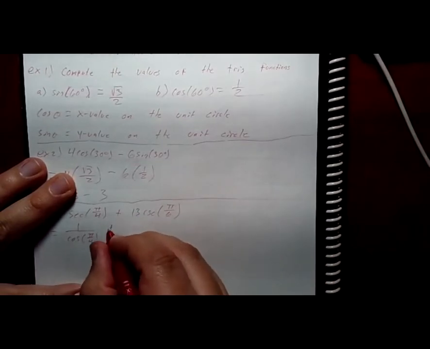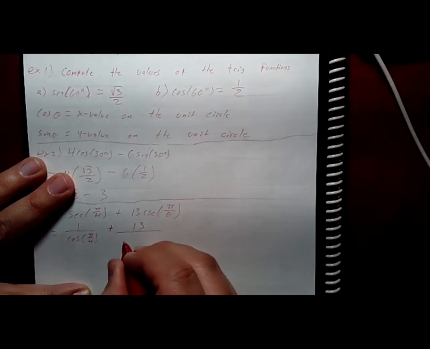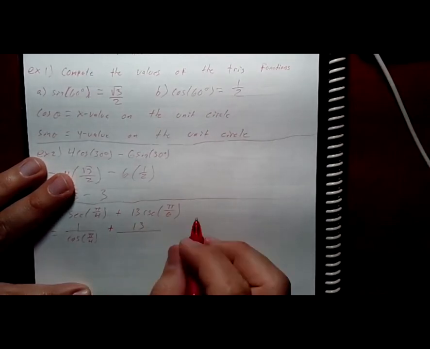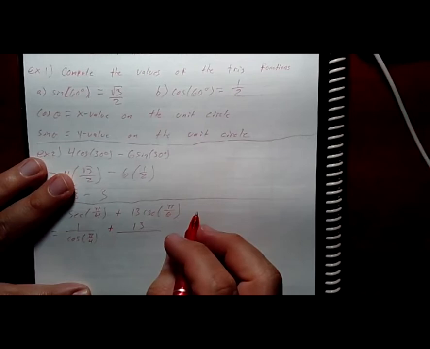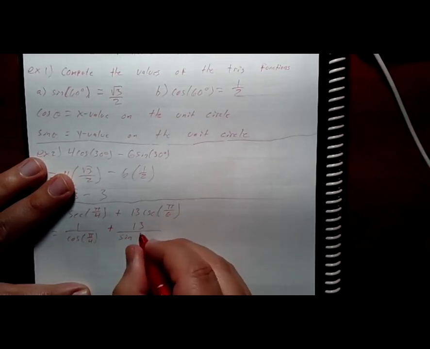So plus 13 over sine over cosine. We said sine. Okay.